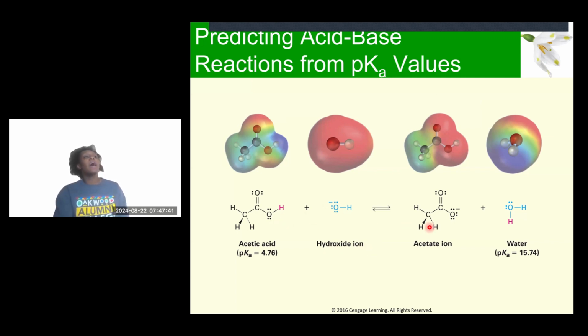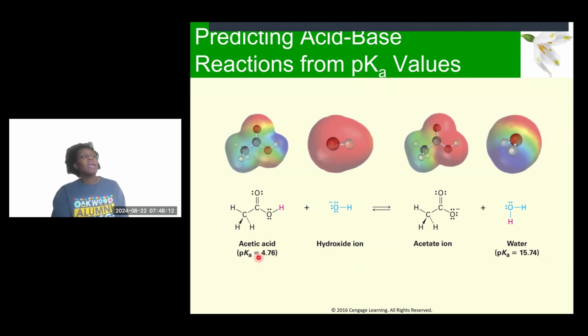When we're looking at the acid-base reaction, we see that the proton here was donated to the hydroxide ion. Now, if we look at our pKa's, acetic acid has a lower pKa than the conjugate acid of the base. So we're comparing the acid to the conjugate acid.